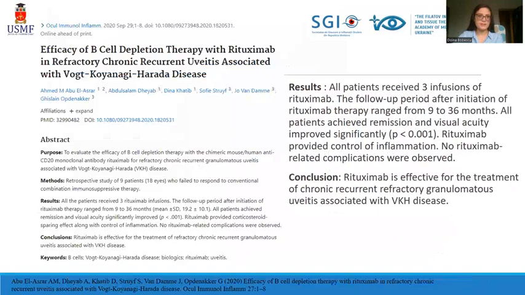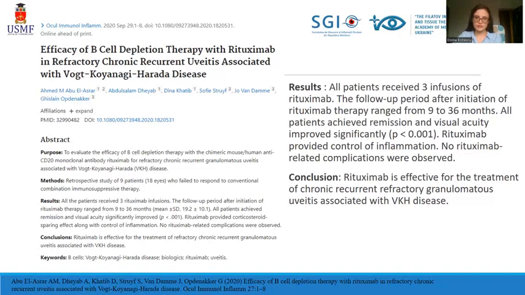Another study is about the efficacy of B-cell depletion therapy with rituximab in refractory chronic recurrent uveitis associated with Vogt-Koyanagi-Harada disease. All patients received 3 infusions of rituximab. The follow-up period after initiation of the rituximab therapy ranged from 9 to 36 months.